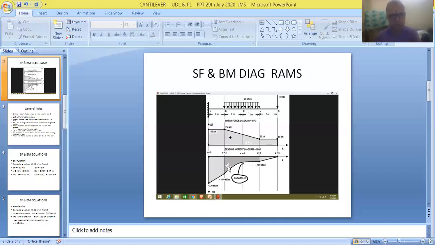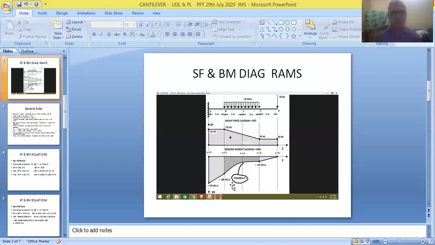Now, if you refer to the values which we have obtained in the previous slides, at X is equivalent to 0, we got BM value as 0, so this is shown as 0. At X is equivalent to 2 meters, it is obtained as minus 100, so this minus 100 is shown at this point.